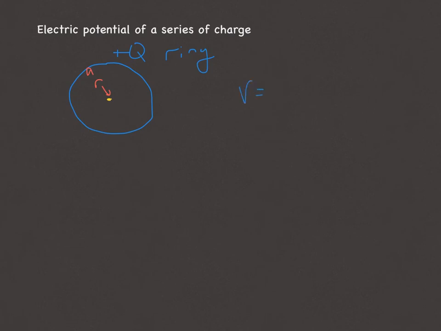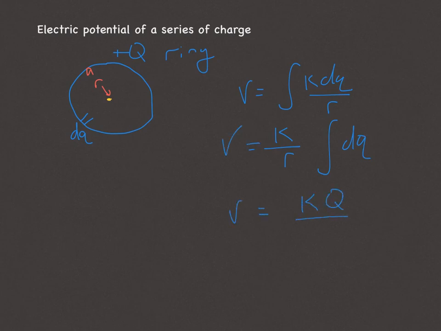Same idea. k is constant. Every little dq is the distance r away. So r is a constant. Add up every little piece of charge, and that will give us kq over r. Doesn't matter the shape, just matters the amount of charge.